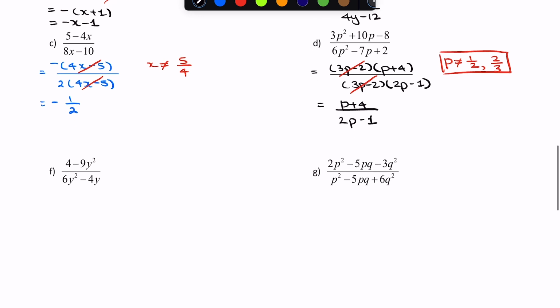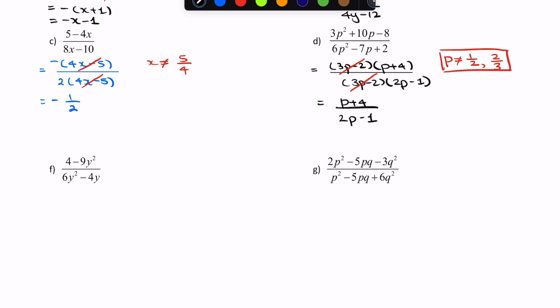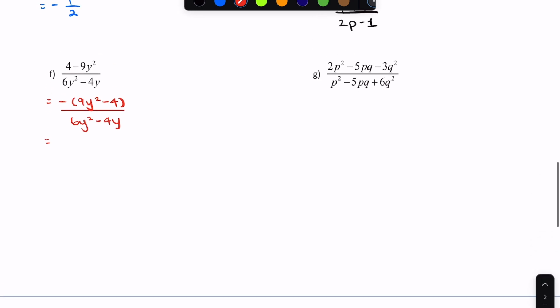And then last few questions here. We have 4 minus 9y squared over 6y squared minus 4y. Here, first thing we want to do, factor the negative from the top, which will give us 9y squared minus 4, which we notice is a difference of squares, over 6y squared minus 4y. Now we want to factor. Again, factor the difference of squares.